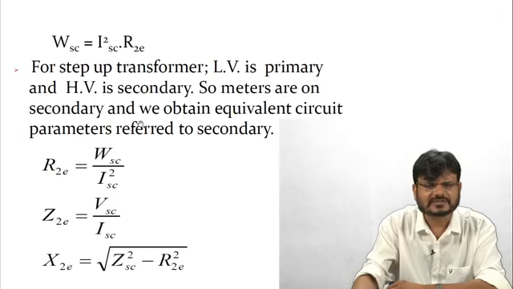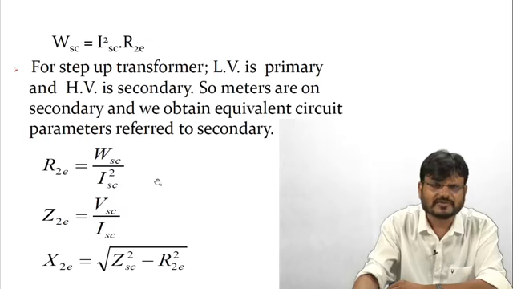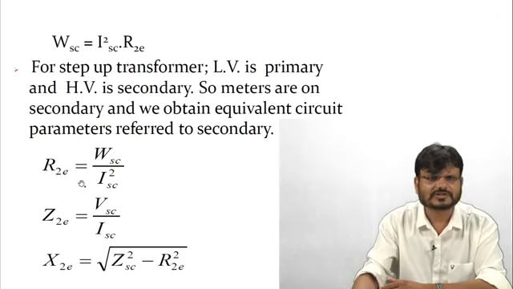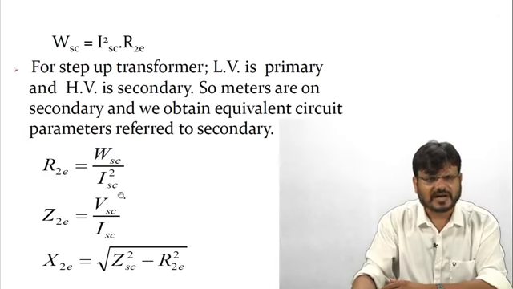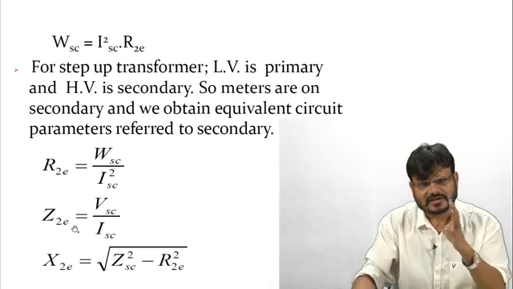So meters are on the secondary and we obtain equivalent circuit parameters referred to the secondary side. This is how you can find the resistance on the secondary side: R2 is equal to WSC upon ISC square.